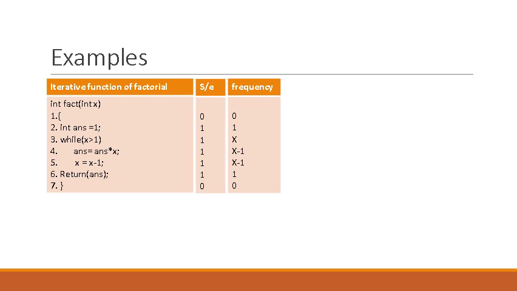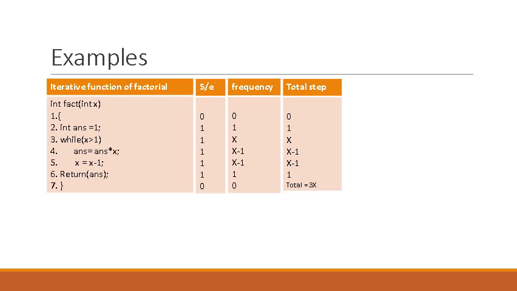So the while statement executes 5 times. Obviously at the 5th time the condition is false, so it comes out. So the statements inside the while execute x minus 1 times. Both statements have frequency count x minus 1, and return is going to execute only once. So we can calculate frequencies like this.